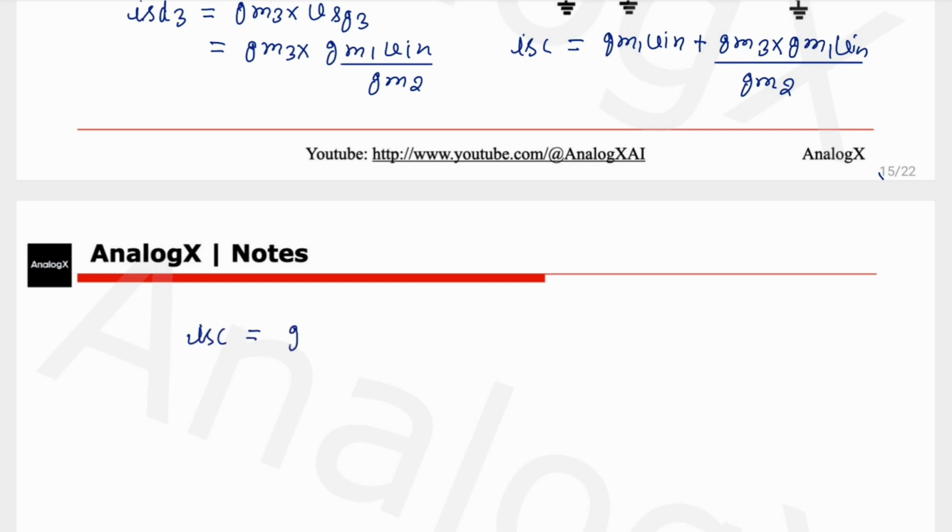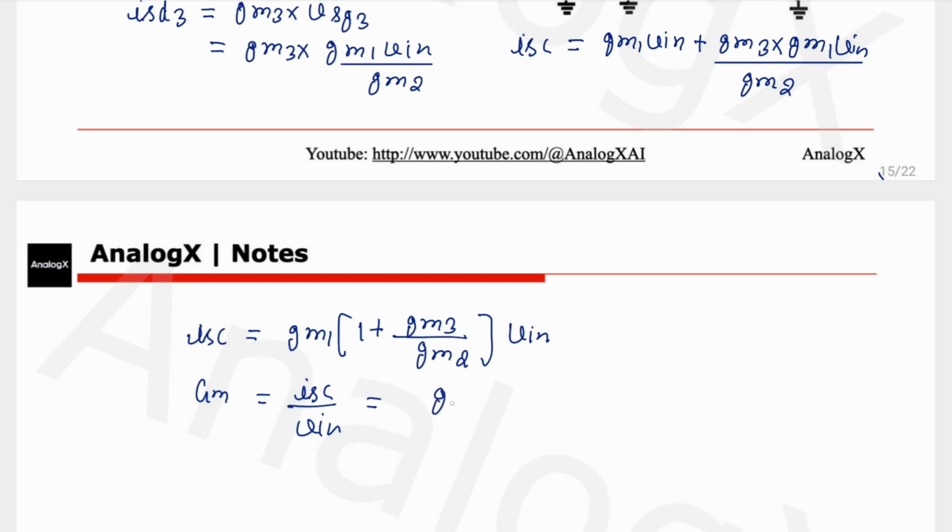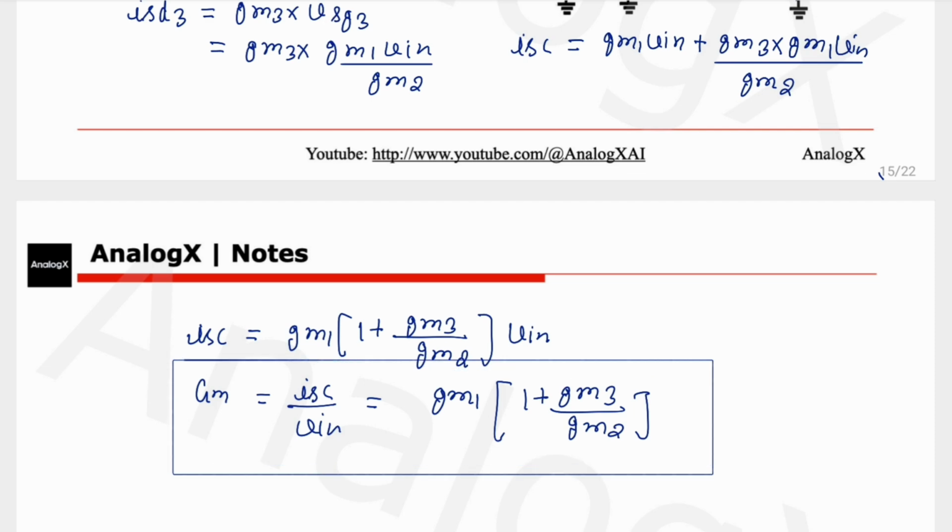ISC equal to GM1 into 1 plus GM3 divided by GM2, into V in. So what will be the short circuit GM? That will be ISC divided by input voltage, and that will be GM1 into 1 plus GM3 divided by GM2. So we solved the first problem.